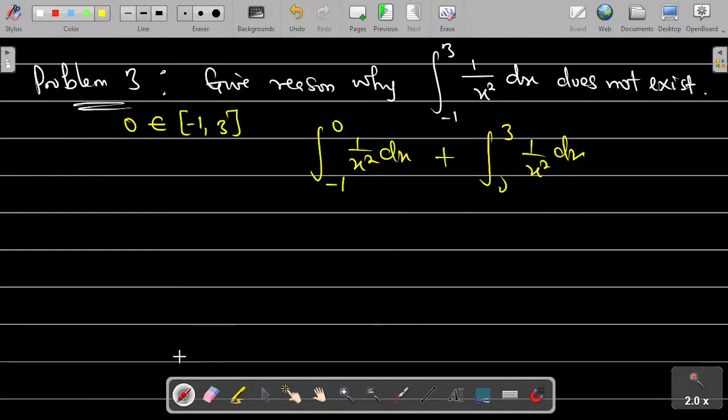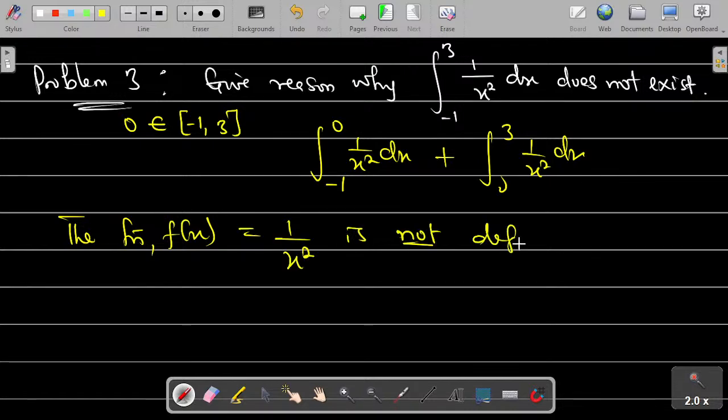So we can say that the function f of x equal to 1 over x squared is not defined at all the points of the interval of integration.